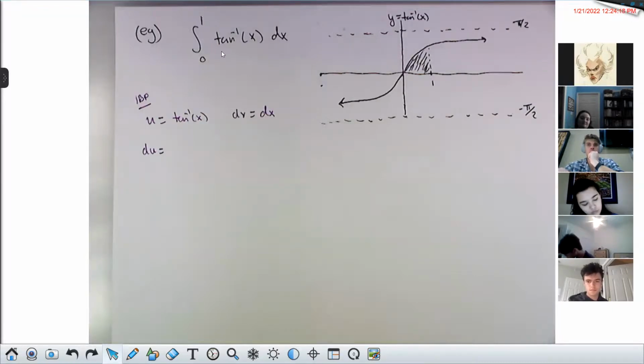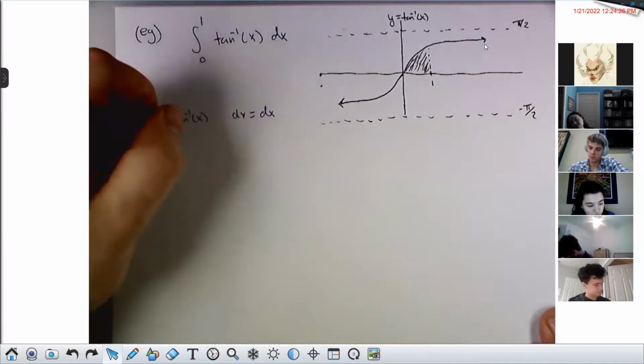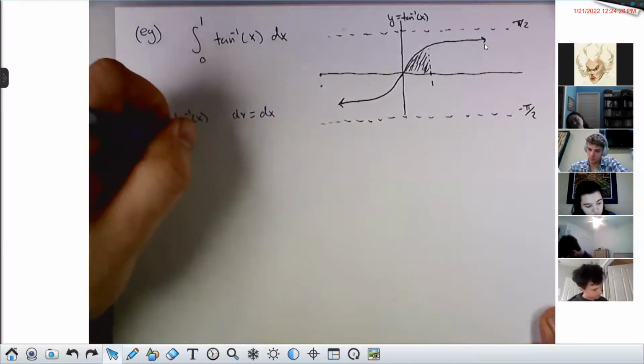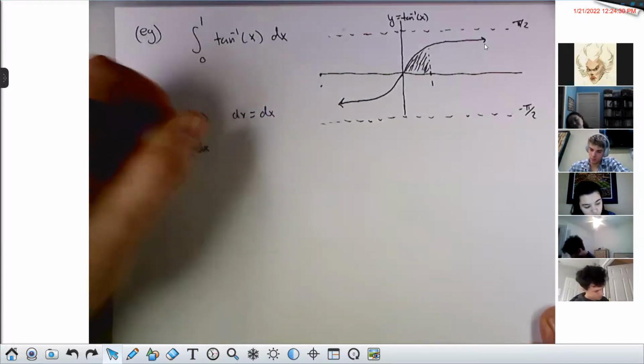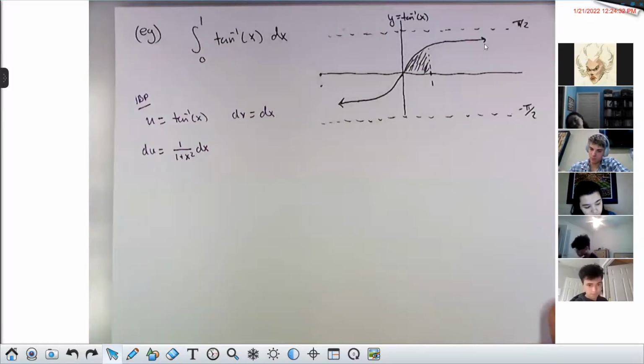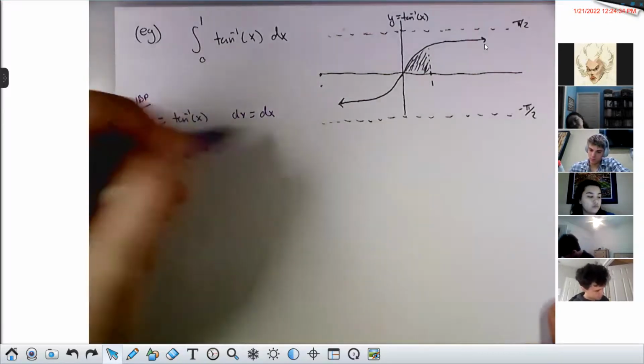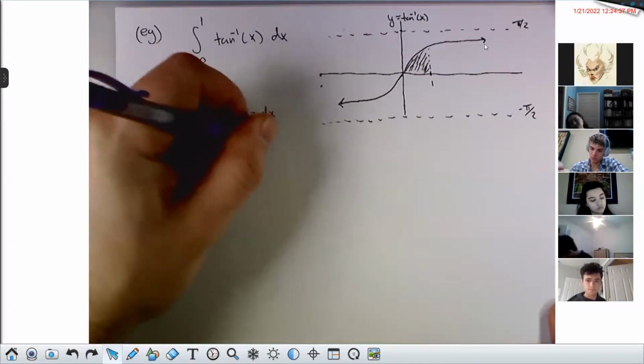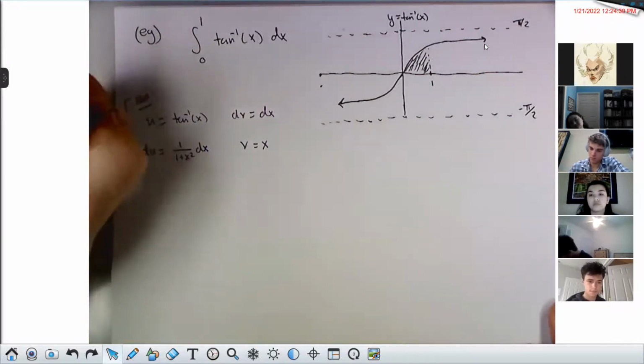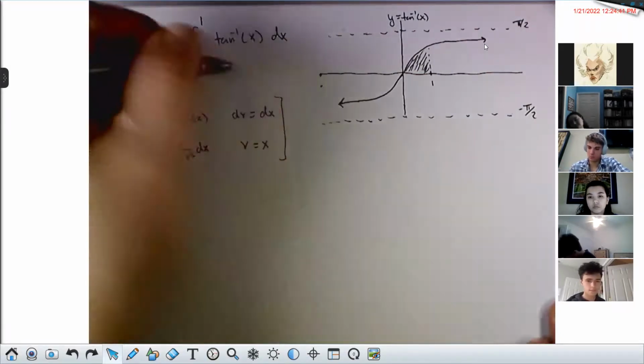So the derivative of arctan is 1 over 1 plus x squared. So the differential du is 1 over 1 plus x squared dx. And since dv is dx, v is just x. So there's my little integration by parts table.